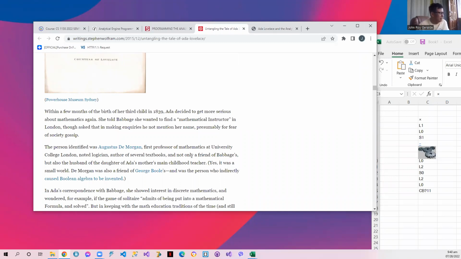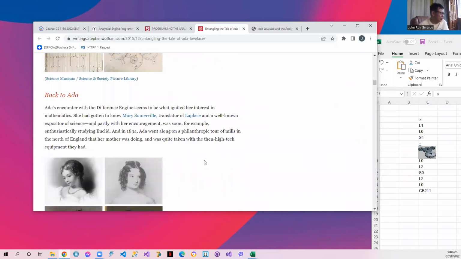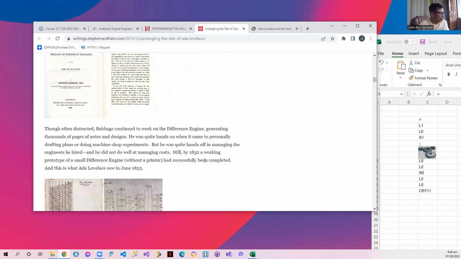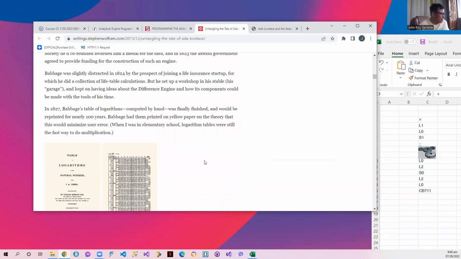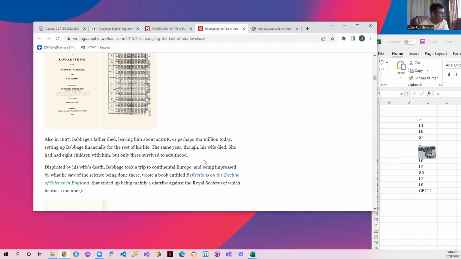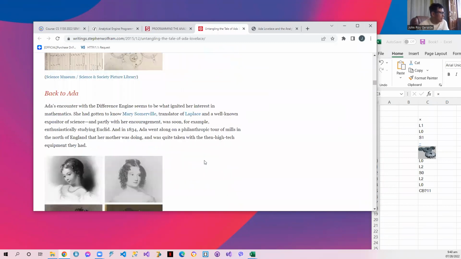I think he's not only a friend of Babbage but also the husband of the daughter. So there was a connection between Ada Lovelace through another professor, Augustus de Morgan. Okay, is that correct?